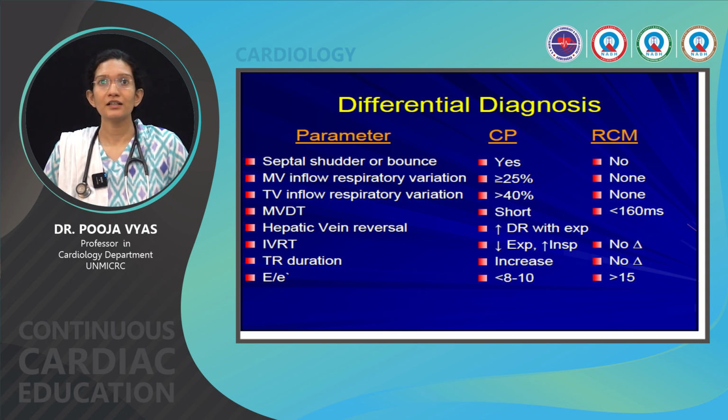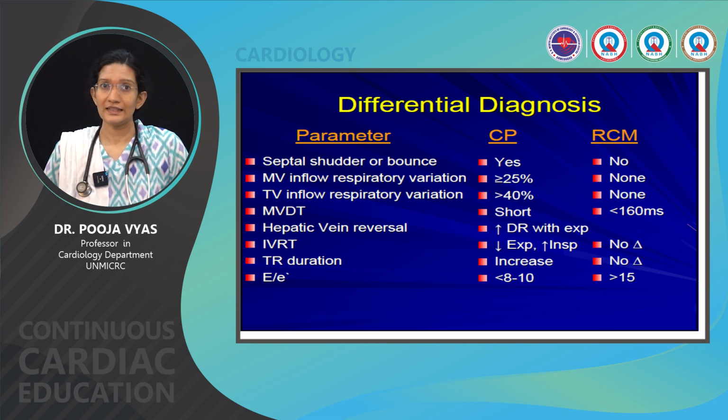In tricuspid valve inflow, more than 40% respiratory variation will be seen in CP, while there will be no respiratory variation in restrictive physiology. Deceleration time will be short in both the cases, while hepatic vein reversal will be seen with expiration in constrictive pericarditis, it will not be seen in restrictive physiology.